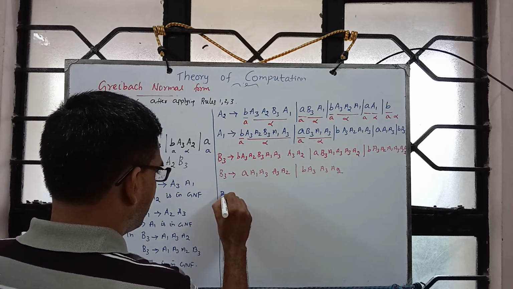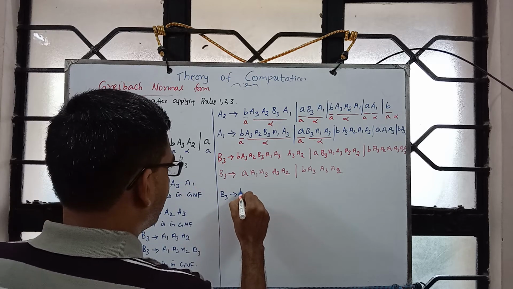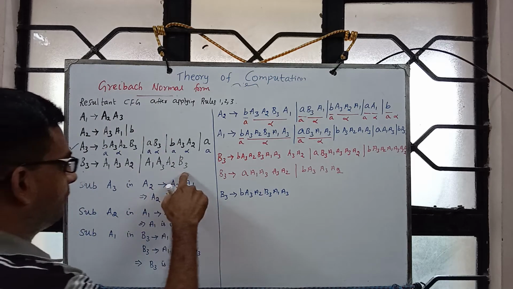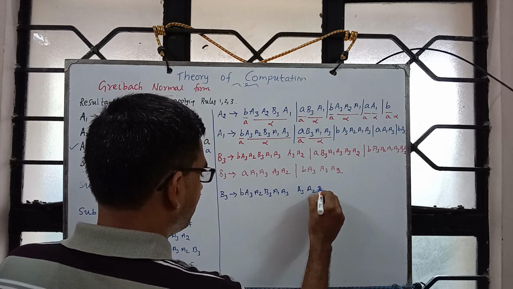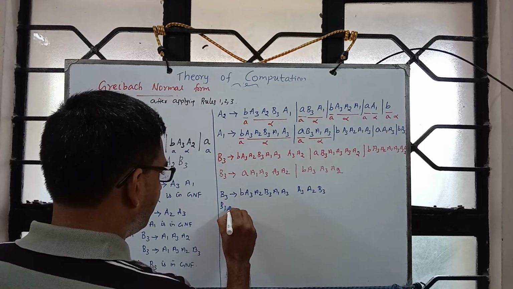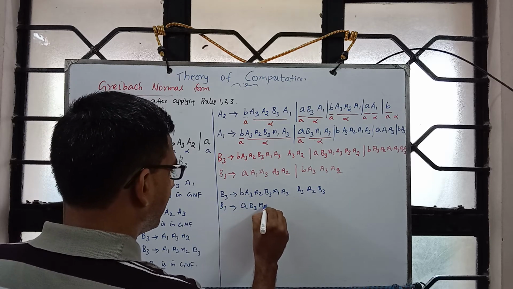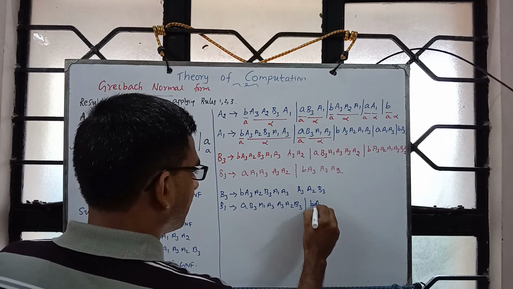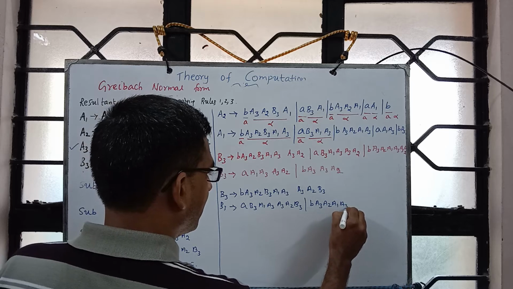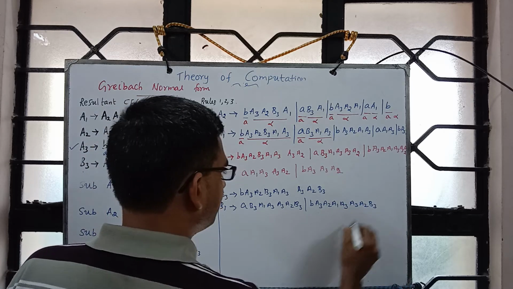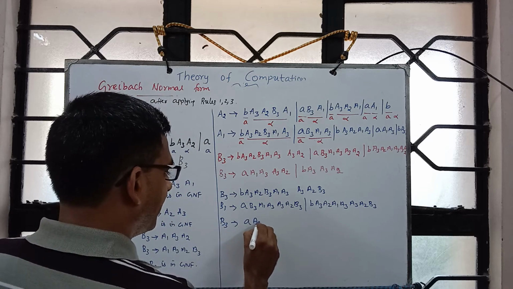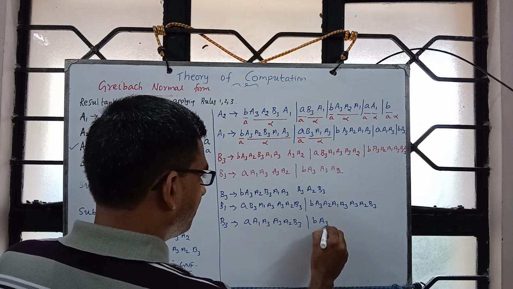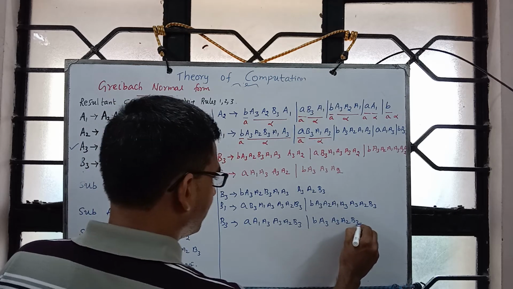And there is one more. B3 implies B A3 A2 B3 A1 A3 followed by A3 A2 B3, or B3 implies A B3 A1 A3 A3 A2 B3, or B A3 A2 A1 A3 followed by A3 A2 B3, or A1 A3 followed by A3 A2 B3, or B A3 followed by A3 A2 B3.